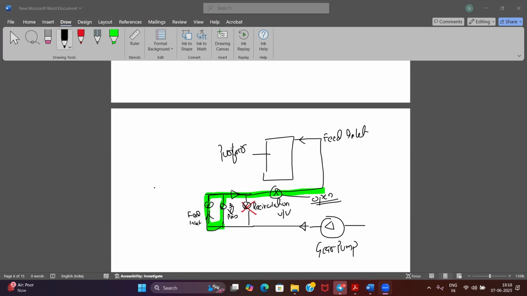And this recirculation valve will be opened once your purifier desludging time comes. Obviously right now all are auto, so this recirculation valve will open first and your feed inlet will close. So oil will recirculate here.